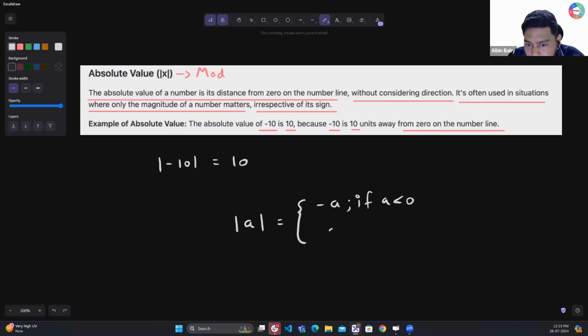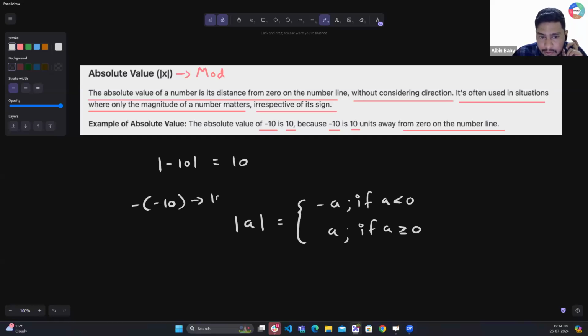If A is a positive value, meaning A is greater than or equal to 0, you don't need to do anything. Got it? So in the case of negative 10, if you want to mod it, it is minus into minus 10, so it will be positive 10.